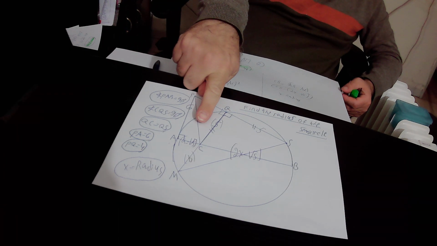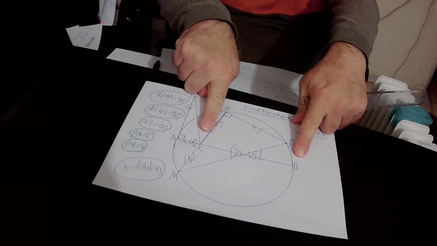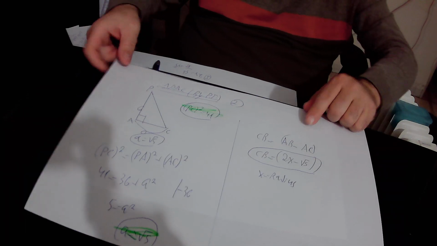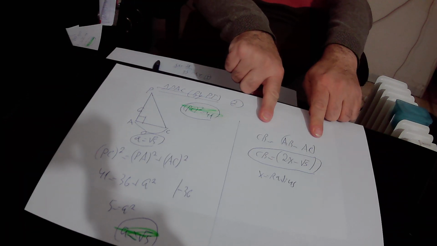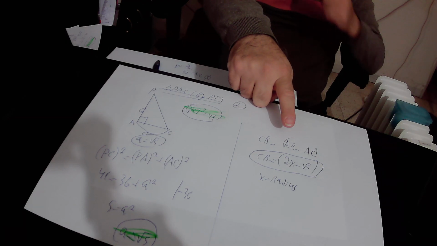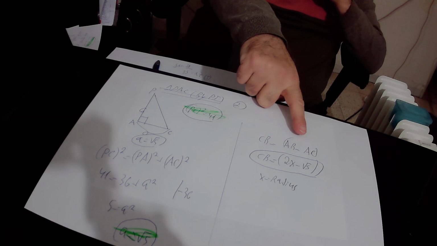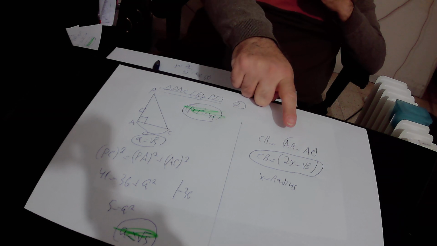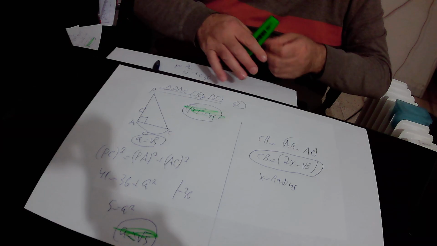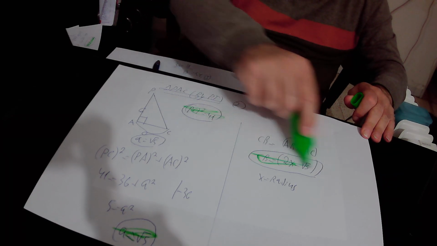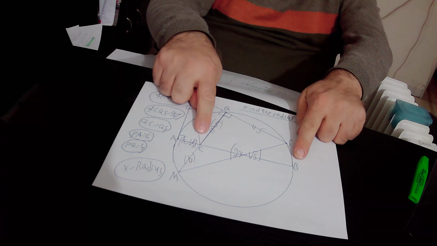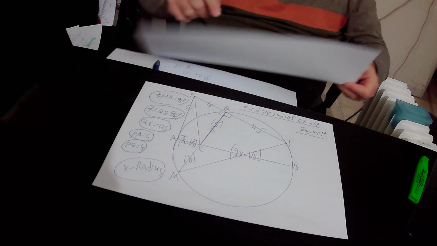AC is A, that is the square root of 5, so CB in total equals AB minus AC. I'll repeat again: the left-over line segment CB is AB minus AC. So CB equals AB, that is 2x, the diameter of the semicircle, minus AC, that is A, and A equals the square root of 5. So in total we found out that CB equals 2x minus the square root of 5 units.